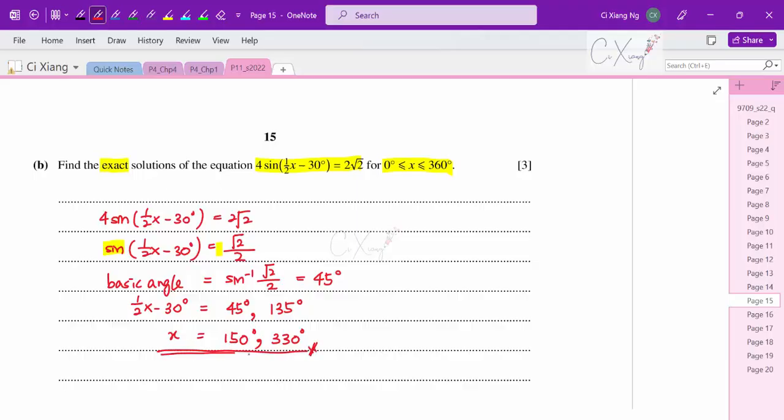Okay, so I will double check to see whether my answers actually lie in the range that they give us. So for 150 and also 330, they actually lie within 0 to 360. So that means these two answers are the correct answers. Okay, so this is how we solve question number 8.